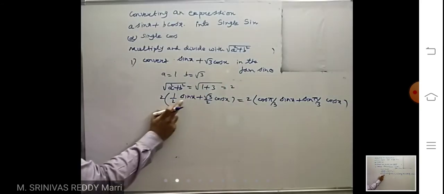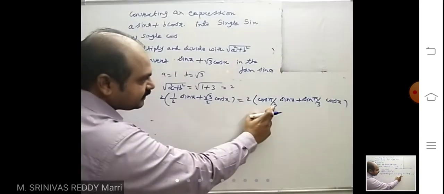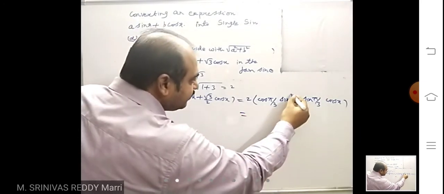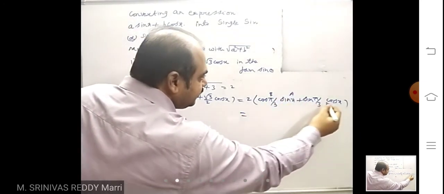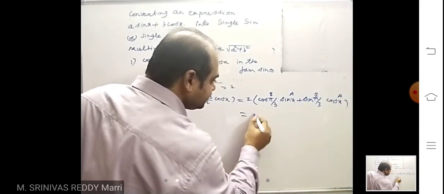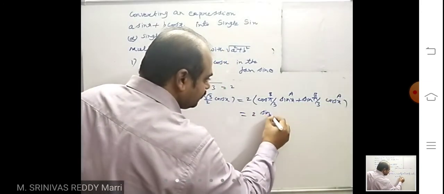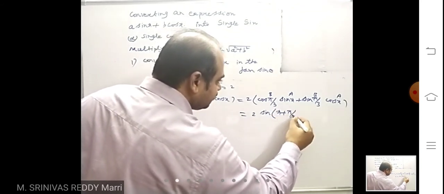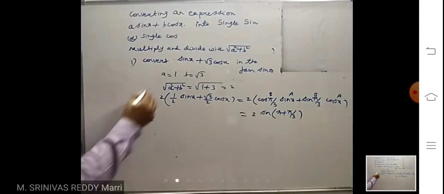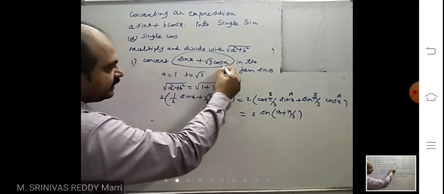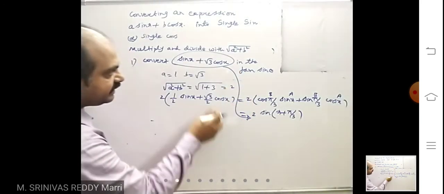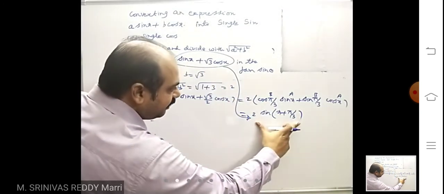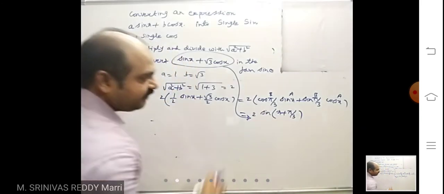If sine is there, write cos here: cos 60 sin x, and this is sin 60 cos x. Now look, this is sin A cos B plus cos A sin B, what is that? Sine of A plus B. Sine of A plus B means sin of x plus pi by 3. I have converted this expression like this. This expression and this expression are same. So this expression I have converted into the form of a single sine.